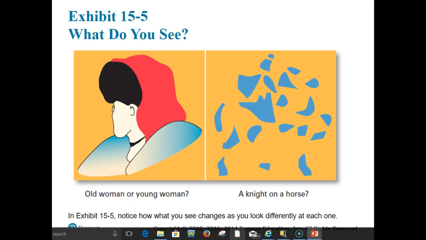Now you can notice these tendencies by looking at the visual perception examples shown here in Exhibit 15-5. Notice how what you see changes as you look differently at each one. So is the first one an old woman or a young woman?